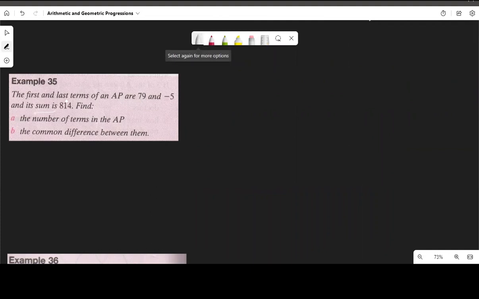For question 35, the question says the first and last term of an AP are 79 and negative 5, and its sum is 814. Find A, the number of terms in the AP, and B, the common difference. So according to the question, the first term, A, is 79. The last term, denoted by L, is negative 5.